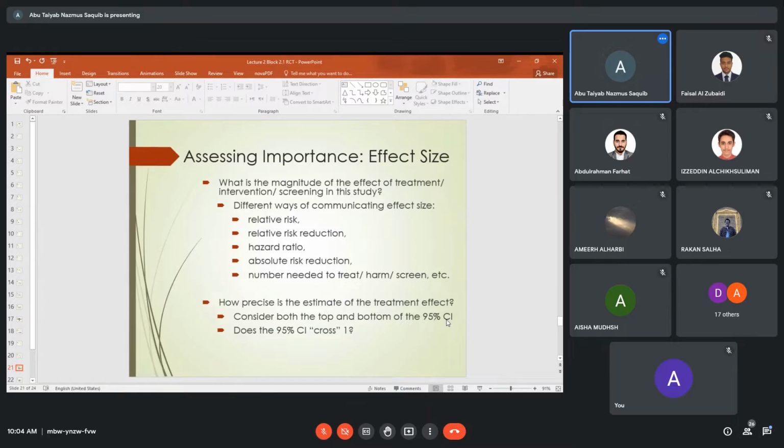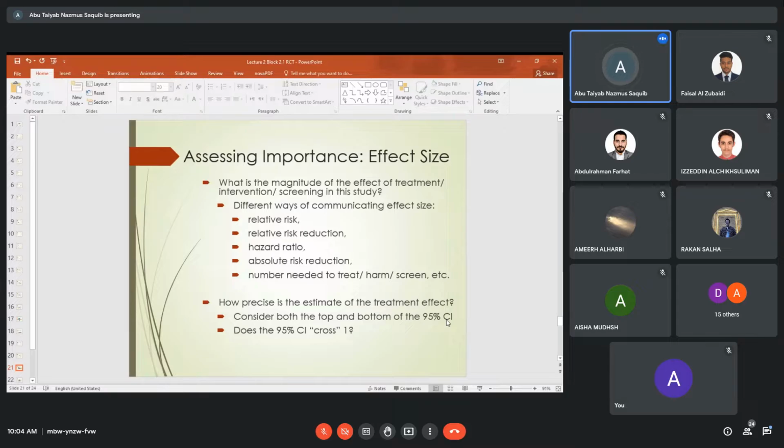Say, for example, you find that this drug has cured patients at twice the rate of the control group or the placebo group, then you know that this drug is very good, because the magnitude of the effect is very high.